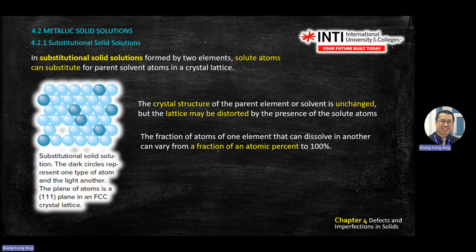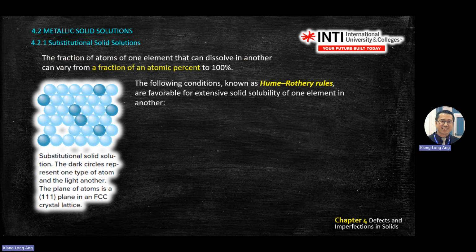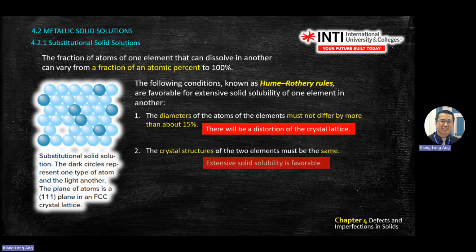So the fraction of atoms of one element that can dissolve in another is expressed using atomic percentage. How do you know that you can put additional atoms inside? By two methods, substitution and interstitial, using Hume-Rothery rules. If the question forces you to use this, you need to write what is the condition for these rules. There are three rules.